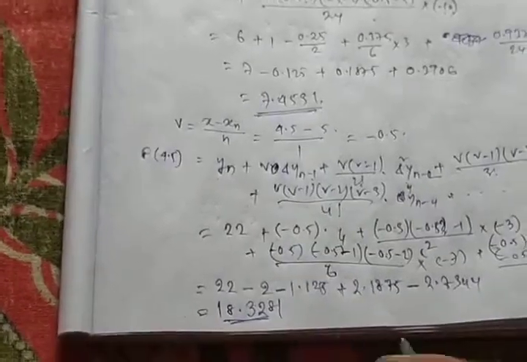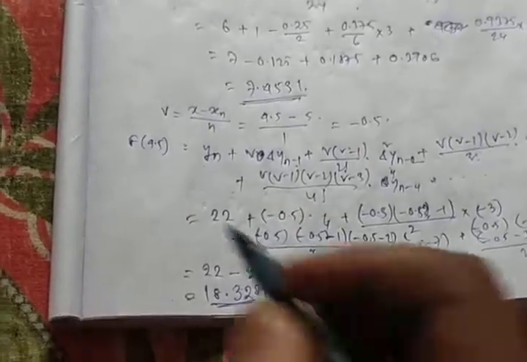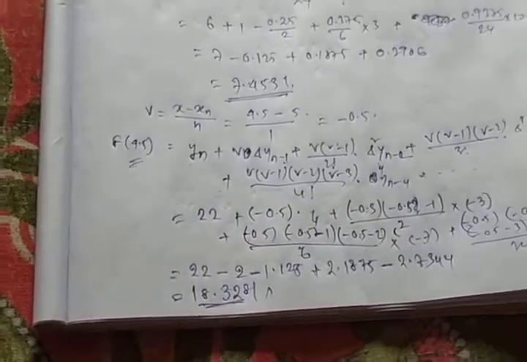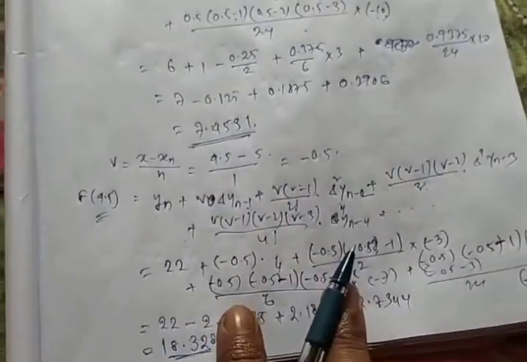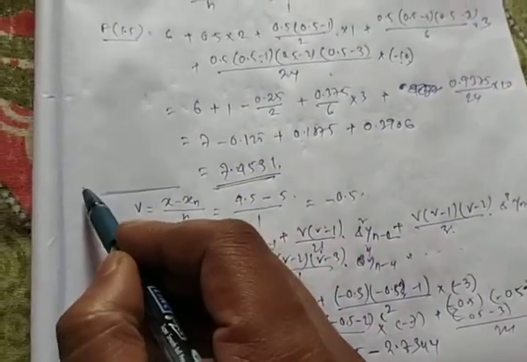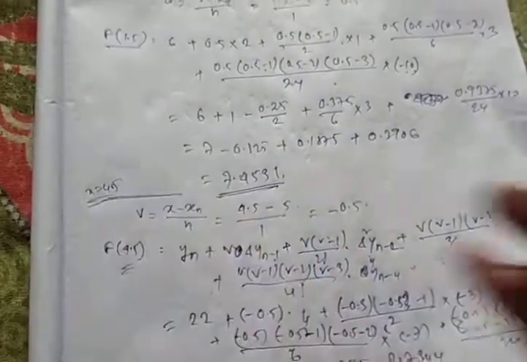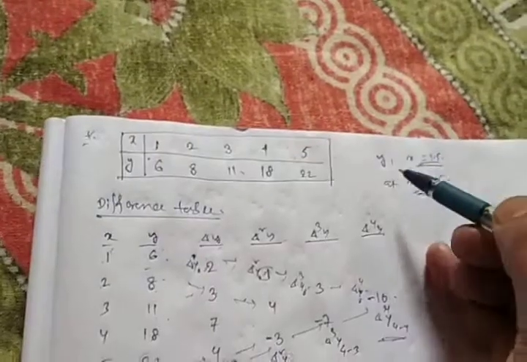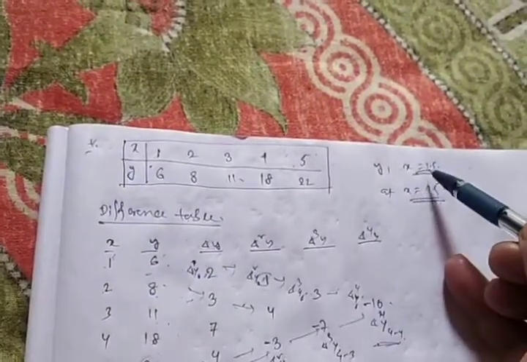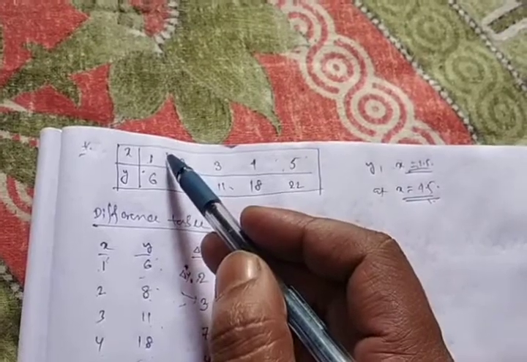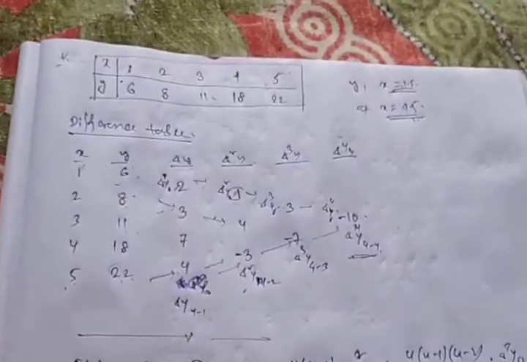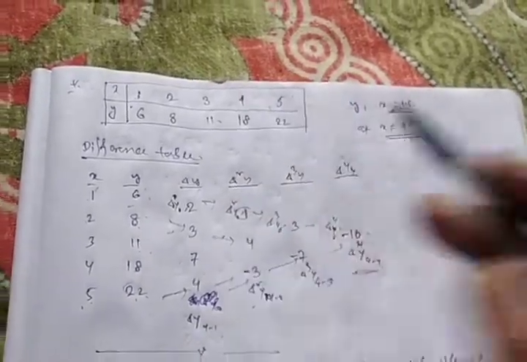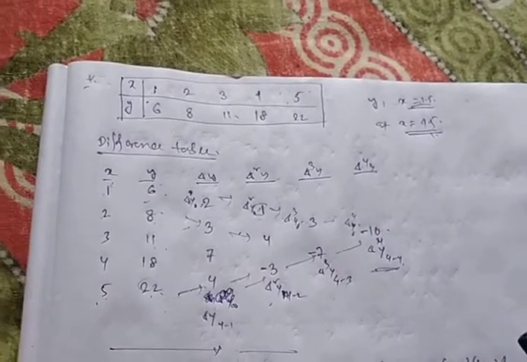So 18.3281 will be the value at 4.5, approximated. It is an approximate value, not the exact value. So this is the use of the Newton backward interpolation formula to find y at x equals 4.5. When the desired value of x lies at the beginning of the table, we use the Newton forward interpolation formula, and if the value lies at the end of the table, then we use the Newton backward interpolation formula.